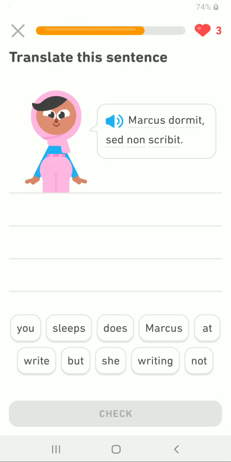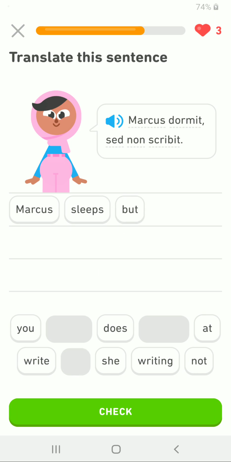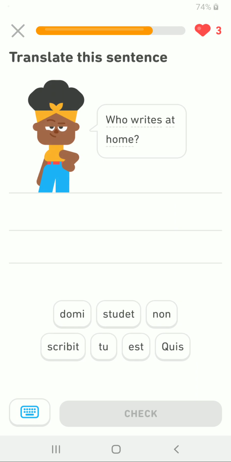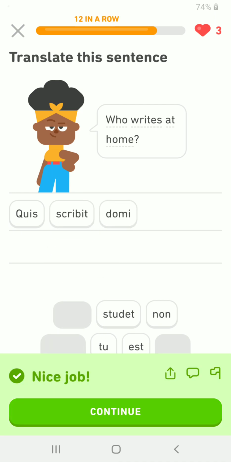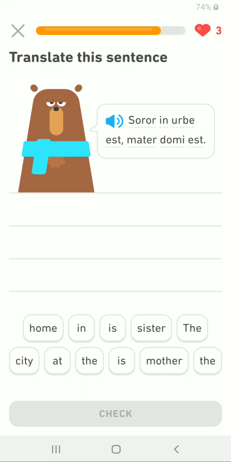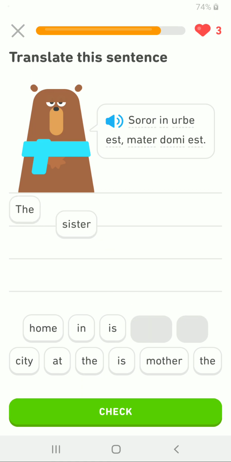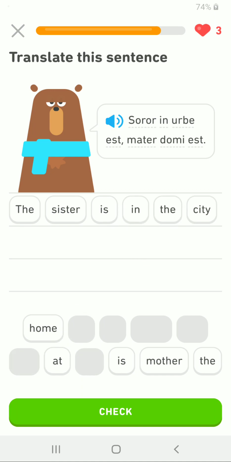So yeah, Marcus dormit, sed non scribit. Marcus sleeps but does not write. And who? Quis. Remember, quis writes at home. Quis scribit domi. Soror in urbe est, mater domi est. So the sister is in the city, in urbe.